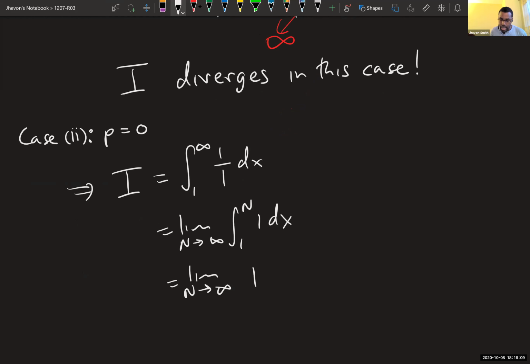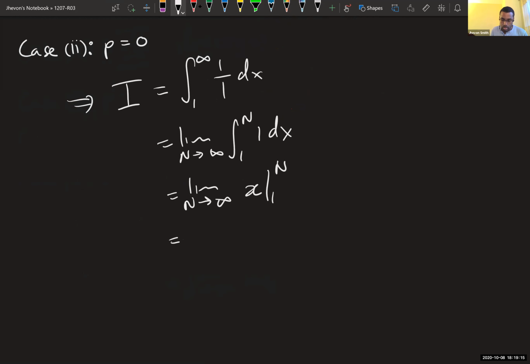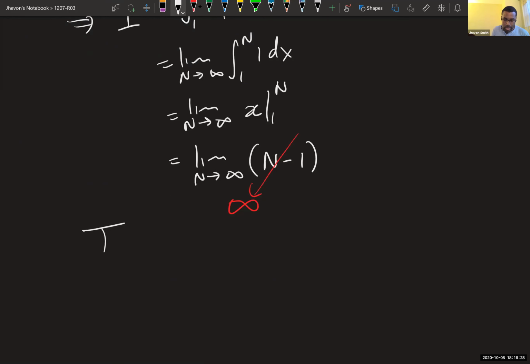That's just x. That's n minus 1. And that also approaches infinity. So it diverges in this case too. Doesn't make any sense.